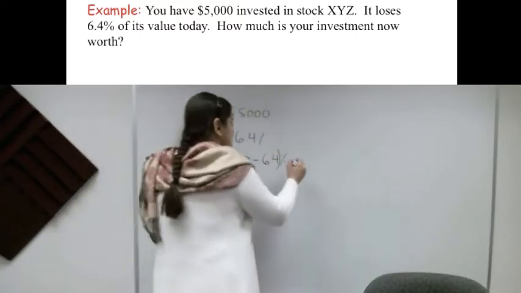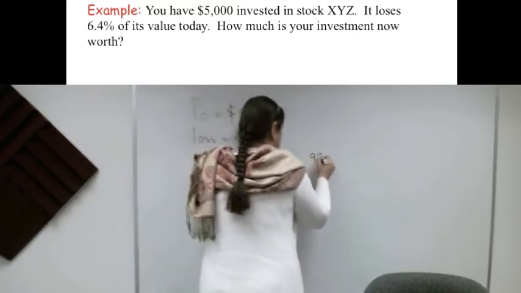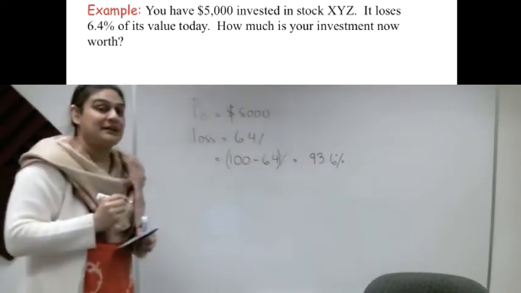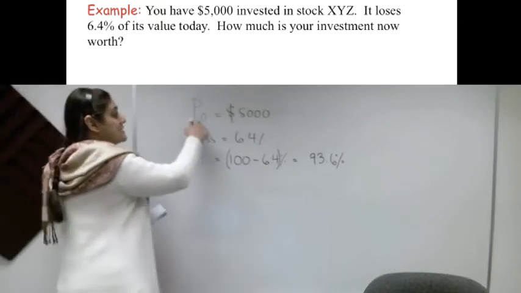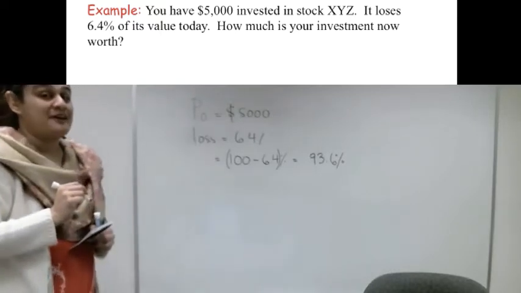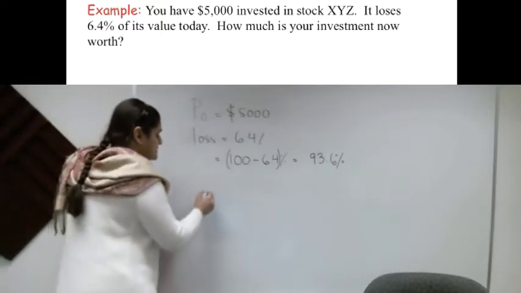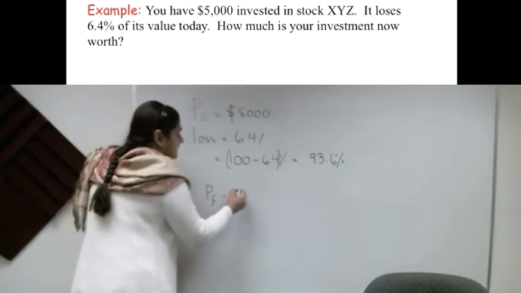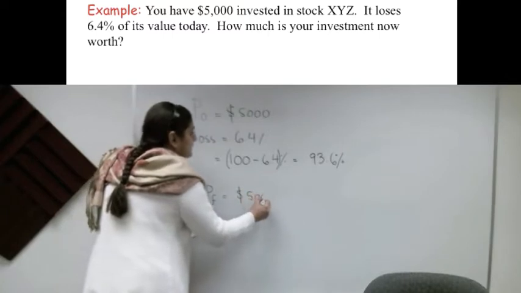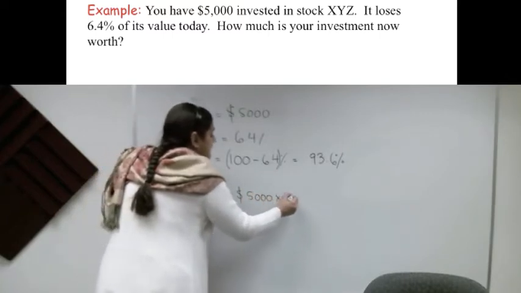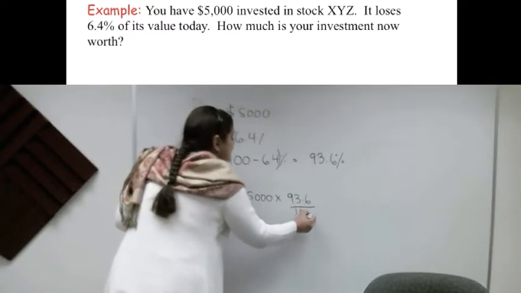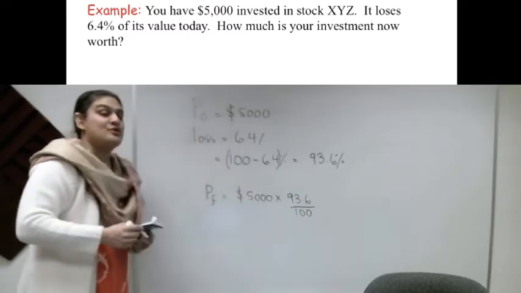Okay? Which means it is now 93.6% of my total that was left over. So my initial investment was for a P naught, which is 5,000. So my final investment is going to be 93.6% of what I originally had.